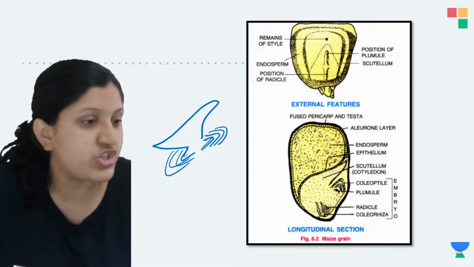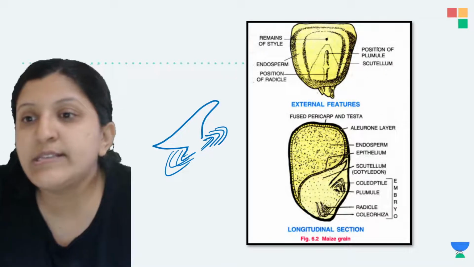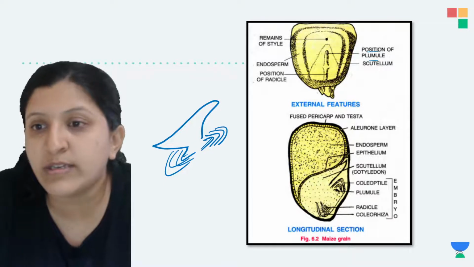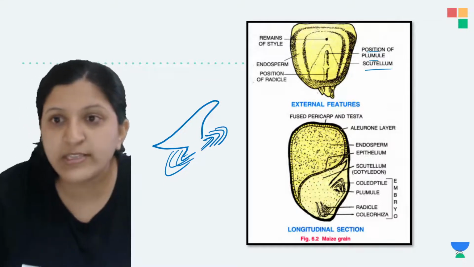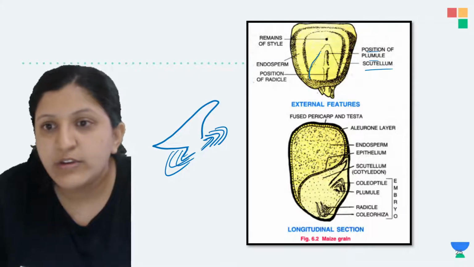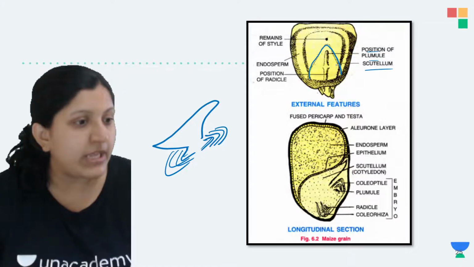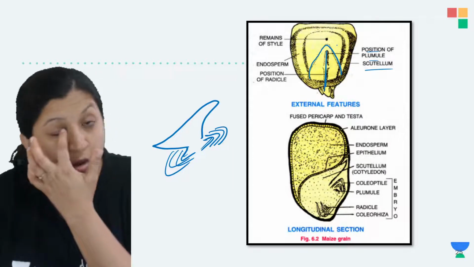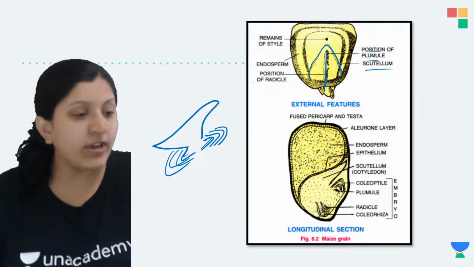This is the one shown here. Now this is the position of the plumule and scutellum. This is the scutellum, a papery cotyledon, and inside you can see a plumule along with a radicle. Just a second.